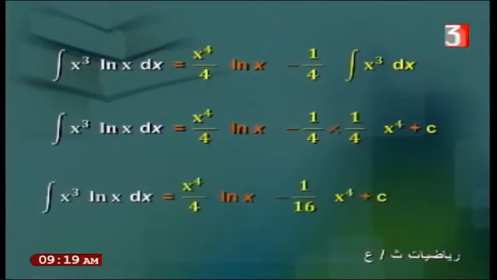The first term x power 4 over 4 ln x is the integrated part, and negative quarter times integration of x power 3 dx equals quarter x power 4 plus c. Then the integration equals x power 4 over 4 ln x minus 1 over 16 x power 4 plus the constant c.